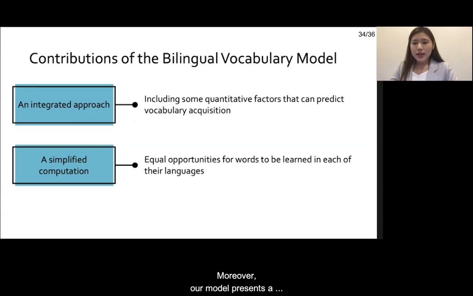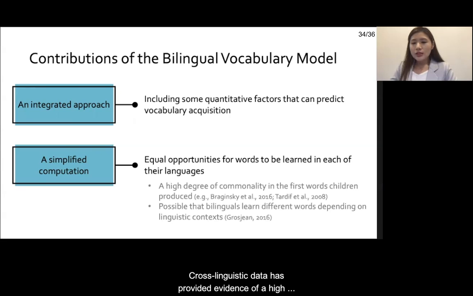Moreover, our model presents a simplified computation, assuming that children encounter the same words in each of their languages and therefore are exposed to equal word learning opportunities. Cross-linguistic data has provided evidence of a high degree of commonality in the first words children produce.